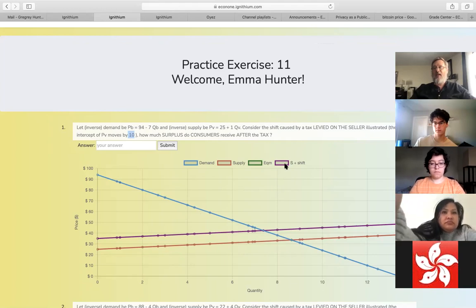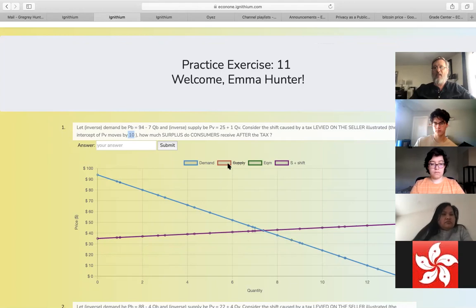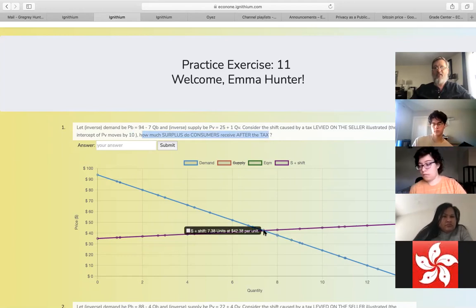The tax basically just shifts the supply curve, and we can get rid of the old supply curve. We don't need it for this because it's asking how much surplus consumers receive after the tax. So they have this new after-tax equilibrium, and you see how I just dropped that supply curve off of the graph. Now we just have to look at consumer surplus, and we know consumer surplus is this triangle.